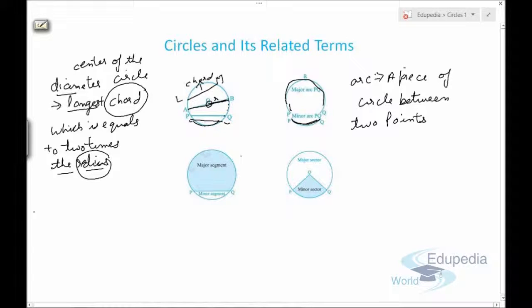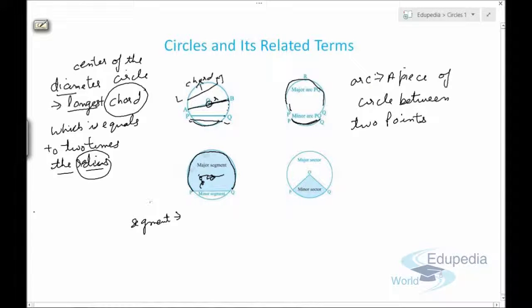Now then we have a segment, right? A segment is like, if we cut in a circle and we have made an arc like this, the interior portion. What is a segment?